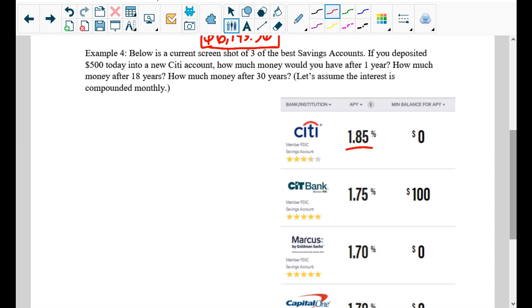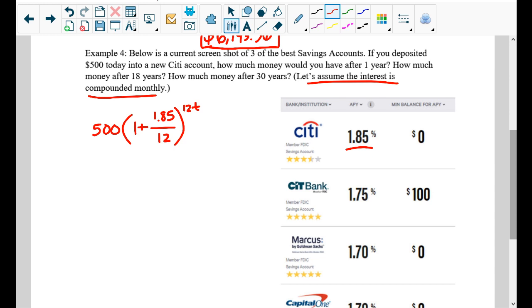Initial amount is 500 times, again, growth, so 1 plus our rate, 1.85 over, how many times is it going to be compounded? Assume interest is compounded monthly, so 12 months, 12 again, times, and now our time.